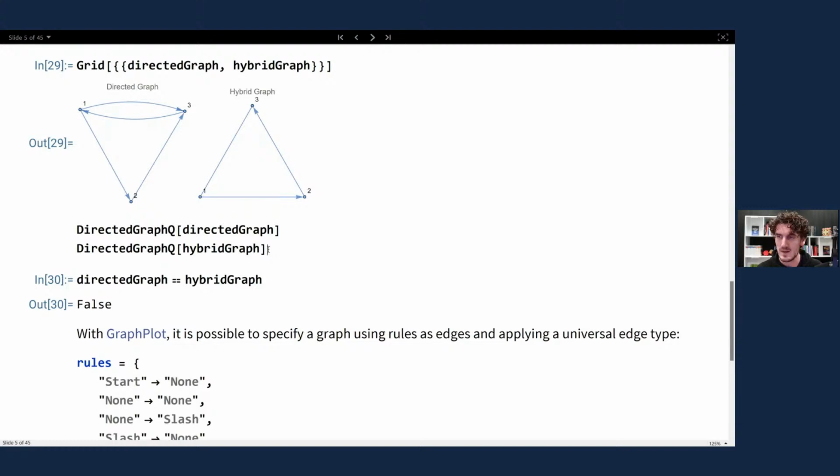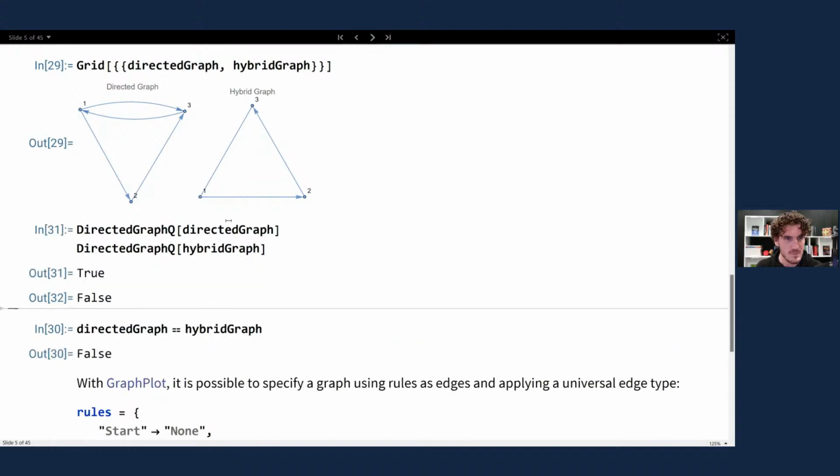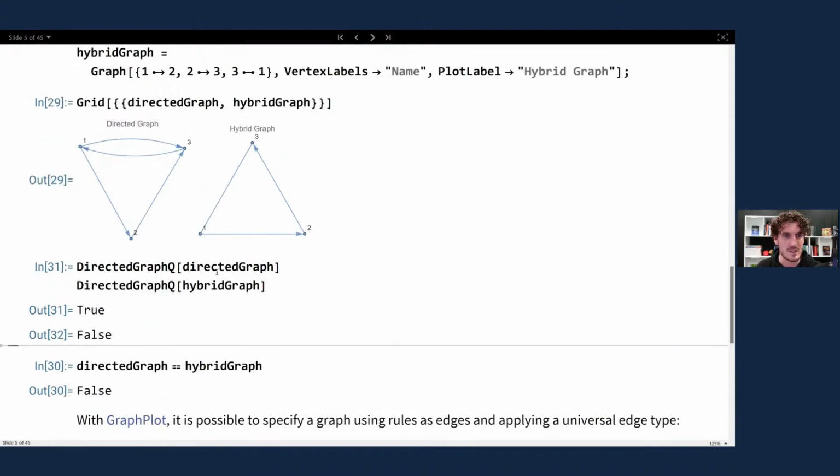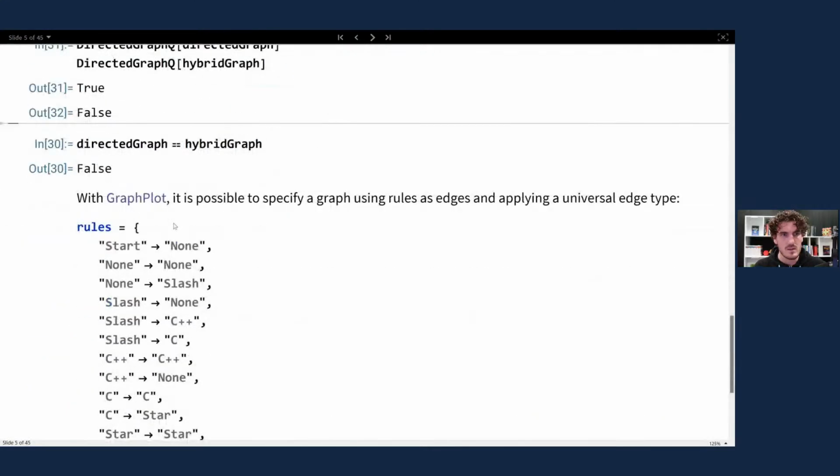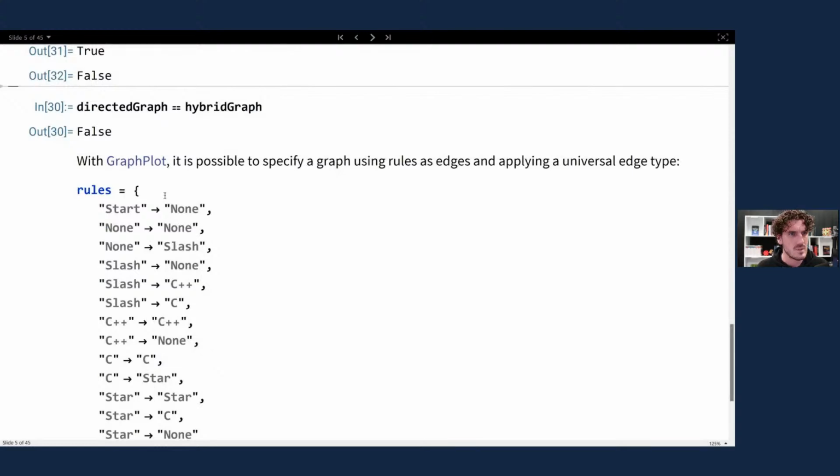I think it's a big step in the life of a Wolfram language programmer to write your first something-Q function. Here we're just checking whether a graph is directed. In order to be directed, every edge must be directed, and here we have an undirected edge, therefore it returns false. Okay, right, moving on.